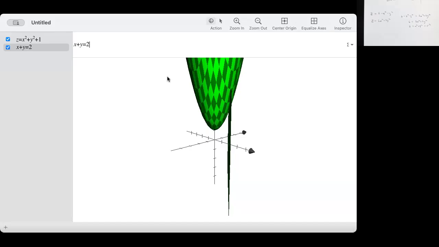Let's get rid of the plane here. And we'll make that z equals 2x squared plus 2y squared. There's our upward opening parabola. We'll change this one to be 6 minus x squared minus y squared.